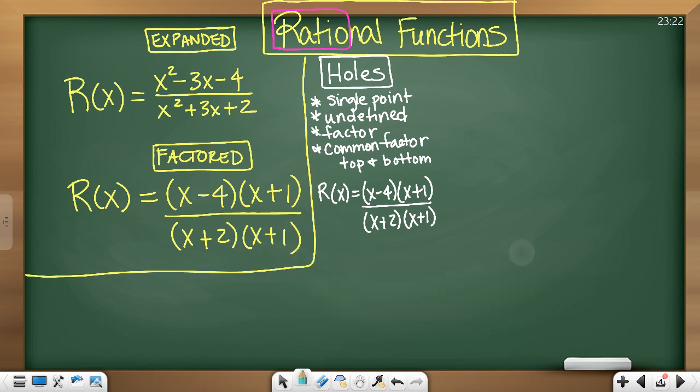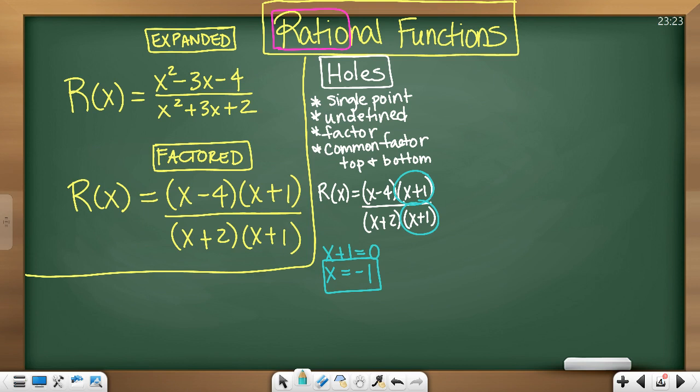And I do have one. You'll notice x plus 1 is present in both the numerator and the denominator. What that means is wherever that factor, x plus 1, is equal to 0, is where I have a hole on the graph. So x plus 1 equals 0, which means x has to equal negative 1. So my hole is at negative 1 for x.